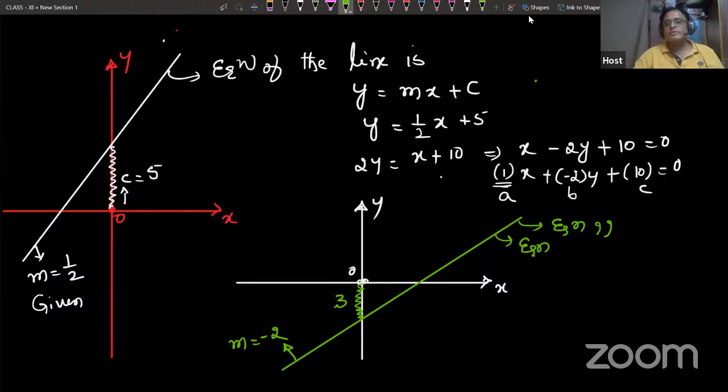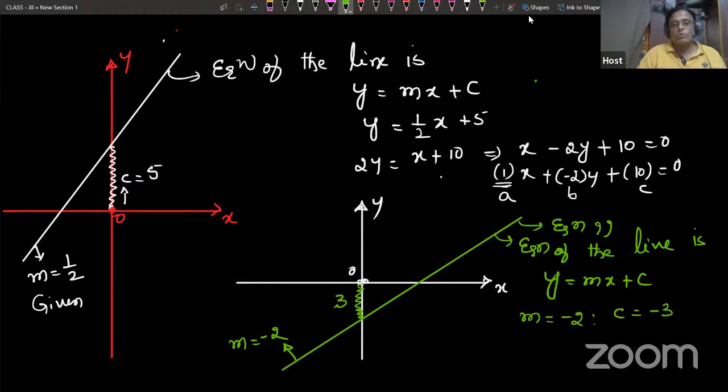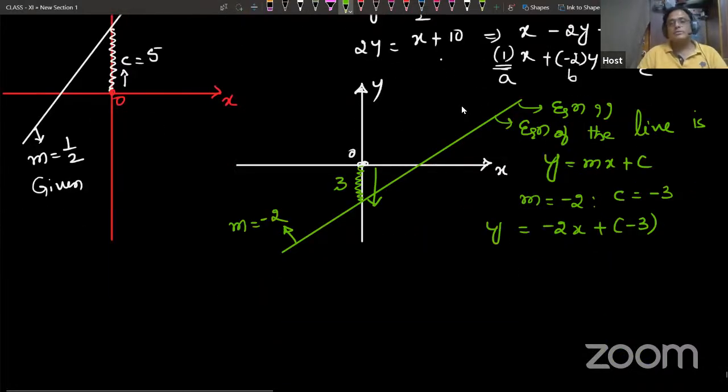Equation of the line is y is equal to mx plus c. Dear students, m is equal to -2. But here c is equal to, you should take -3. Don't forget, because it is going down. Therefore, y is equal to -2x plus c value -3. Or you can take this to the other side, finally 2x plus y plus 3 is equal to 0.